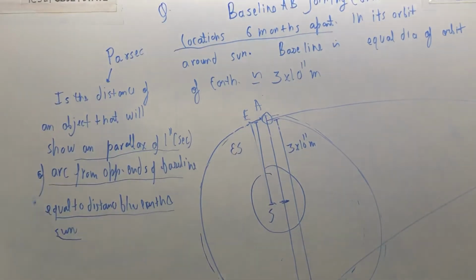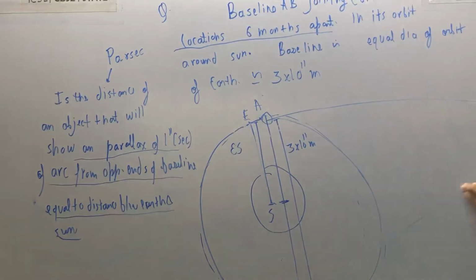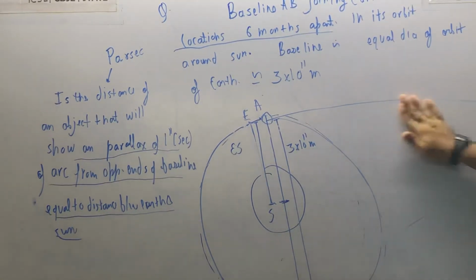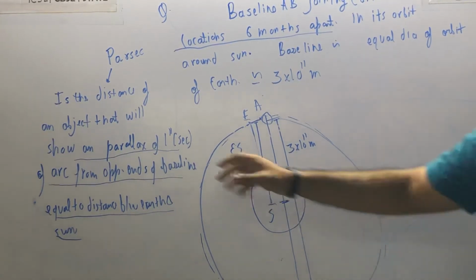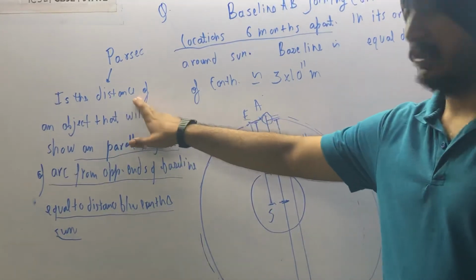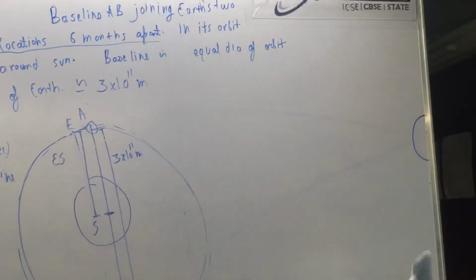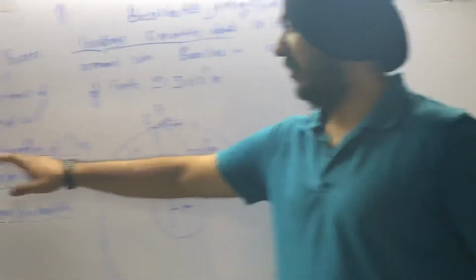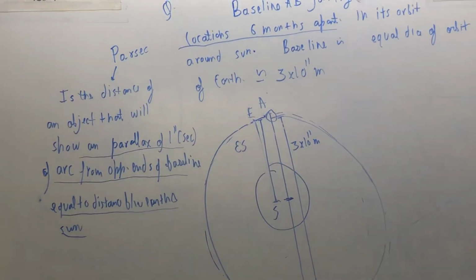So what he is trying to tell in the question, now forget about this thing, we are not talking about this thing. Now we are talking about what parsec is. Parsec is the distance of an object, somewhere there will be this object we are talking about, that will show a parallax of 1 second.